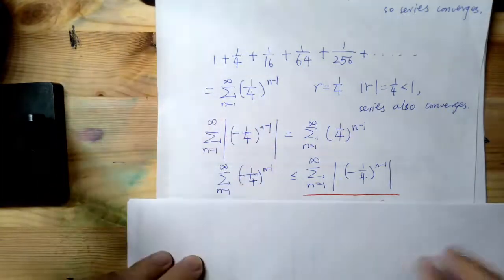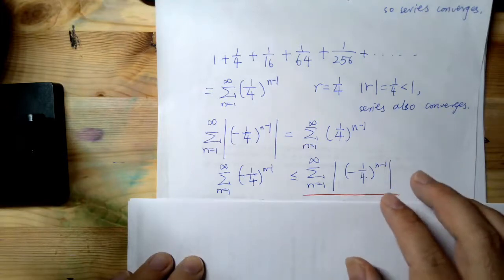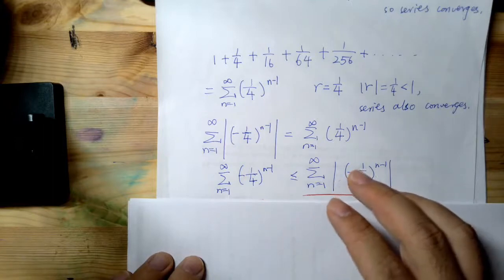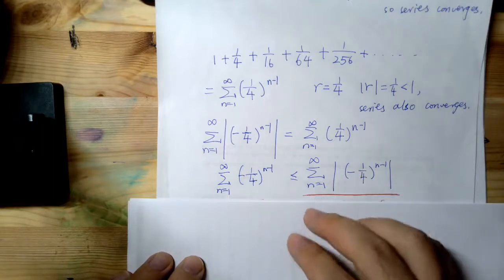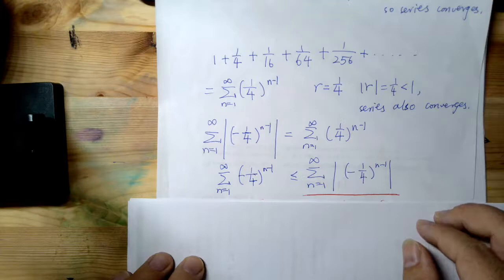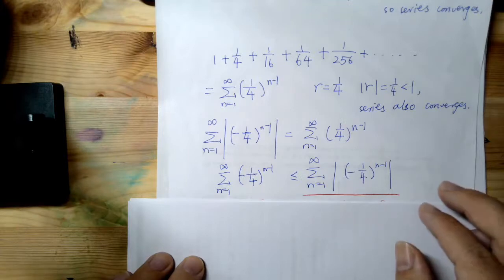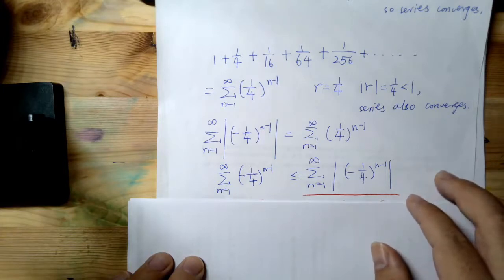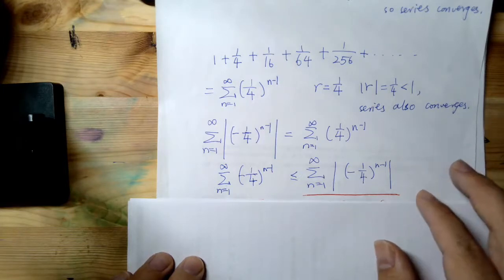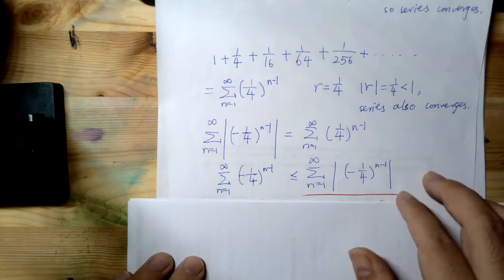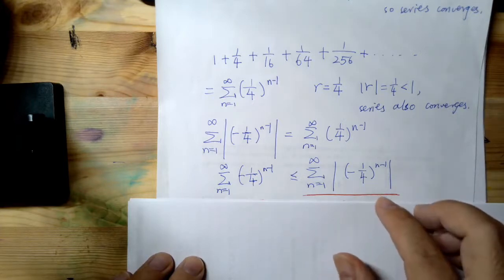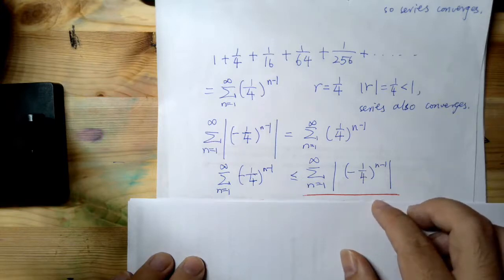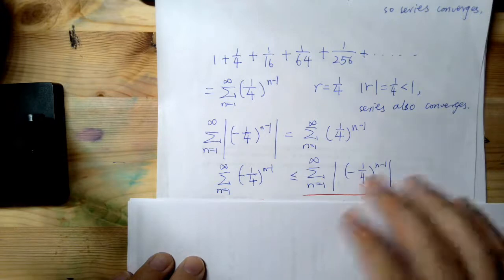That means, given a series, if the absolute series converges, then we call that series absolutely convergent. Meanwhile, if a series is absolutely convergent, then the series itself is for sure convergent, because absolute convergence is more strict than regular convergence.